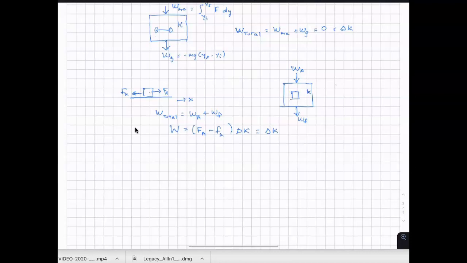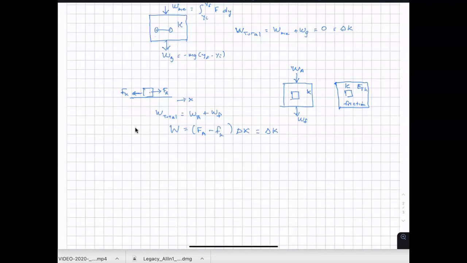So, in other words, we will redefine our system to include the block plus the friction internal to the system, so that we will change both the kinetic energy and the thermal energy, which I'll call E_TH.